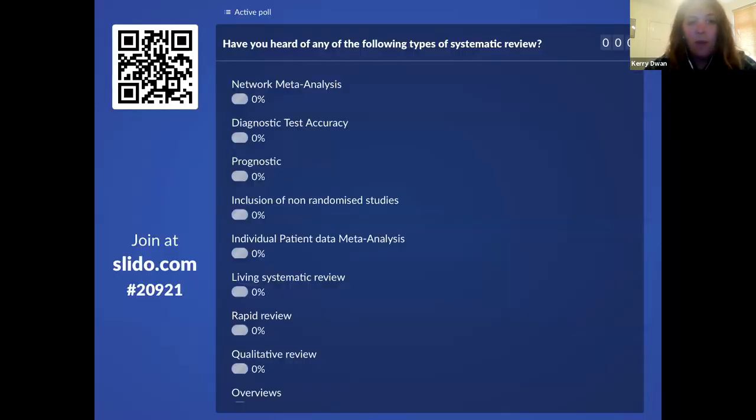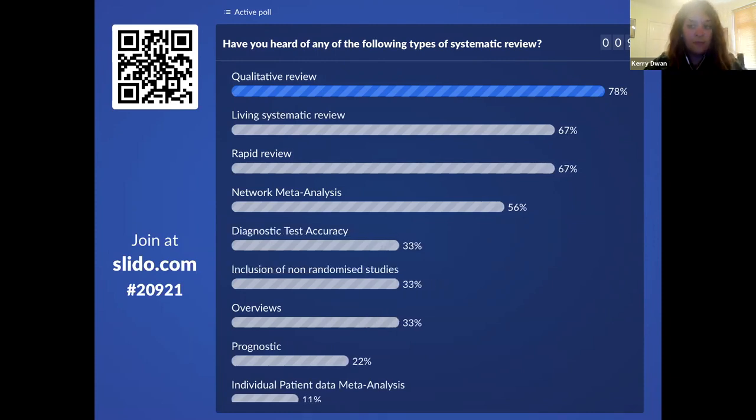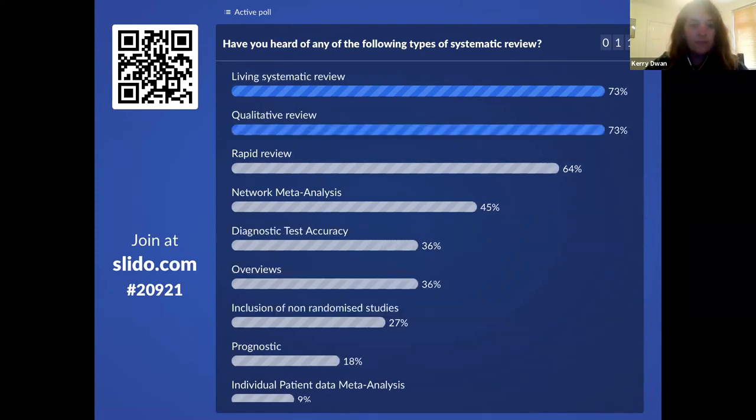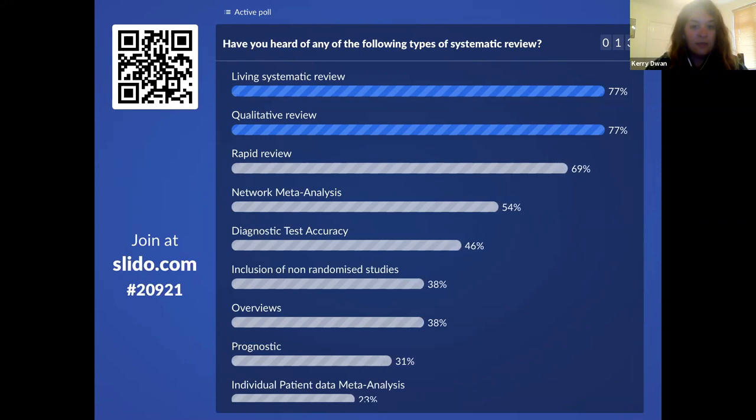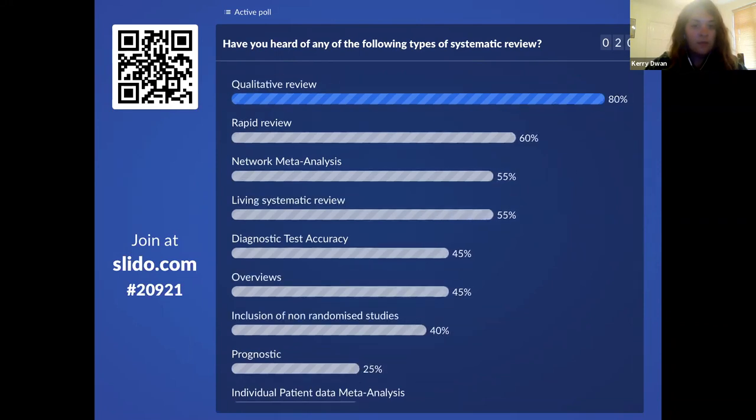To start off, I've got a poll to see if any of you have heard of any of the following types of systematic review, or been involved in or conducted any of them. Okay, so it looks like qualitative review is the most popular that people have heard of.